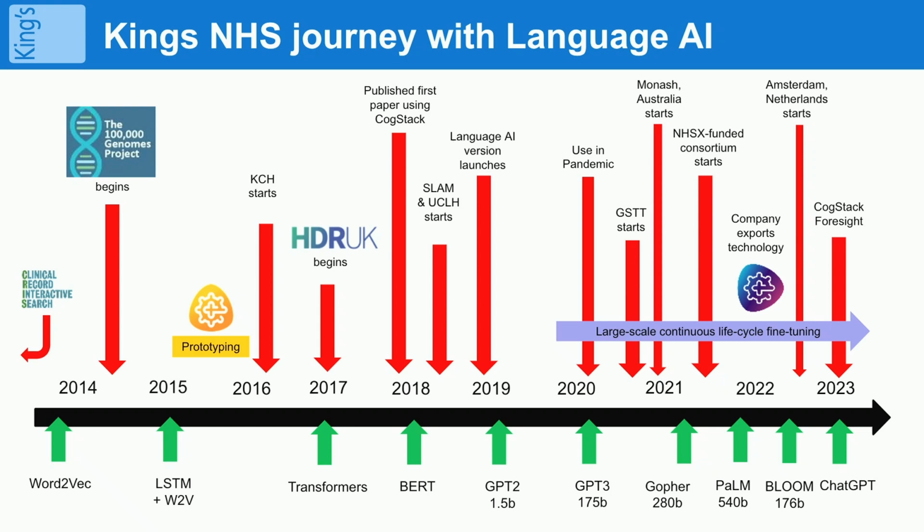I was here more than 10 years ago with Sonia and Parashkev, and moved across into an NHS job. And then around that time, we started laking data, as you see up there, and we worked with the 100K genome, because 100K genome needed to find patients who didn't have a diagnosis. And you can't find a patient without a diagnosis using coded data because they don't have a diagnosis.